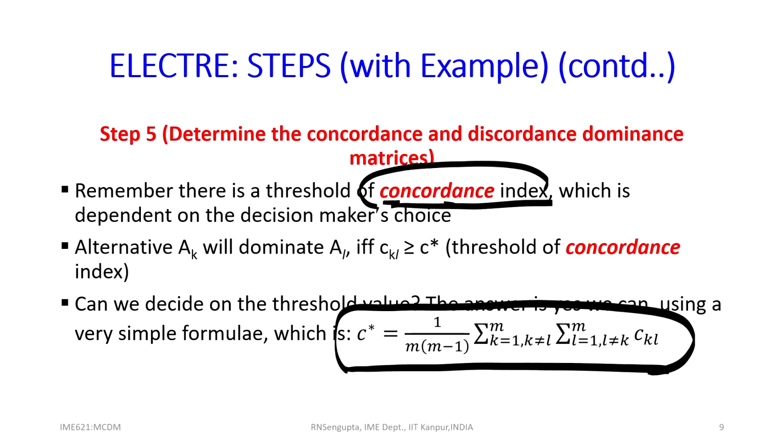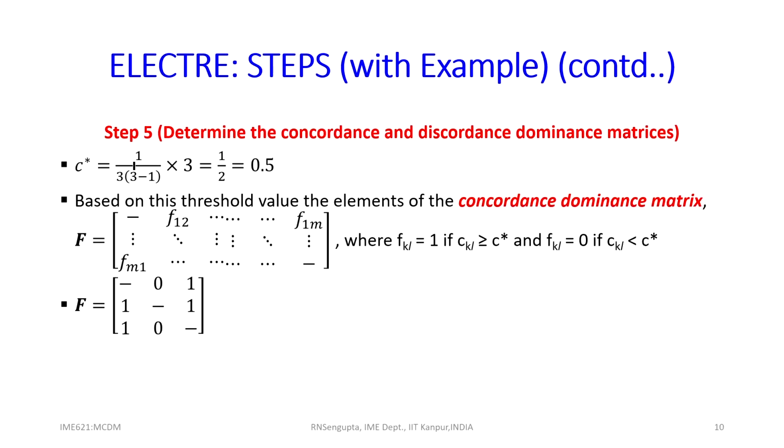Alternatives can be compared based on the criteria only, the characteristics what you want to achieve, and based on the m number of alternatives which you have used, find out the C star value, and it is basically the sum of all these concordance values for all L and k, taking together from 1 to m, the total number of alternatives. So, once we have that, putting the formula, I get a value of C star as 0.5.